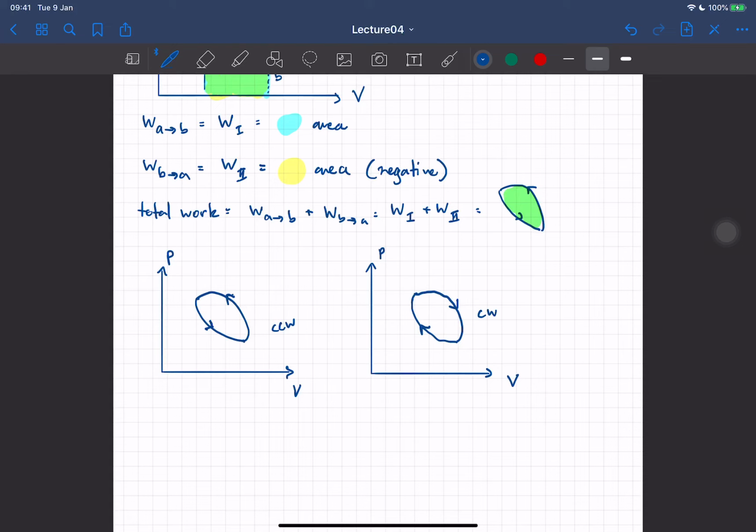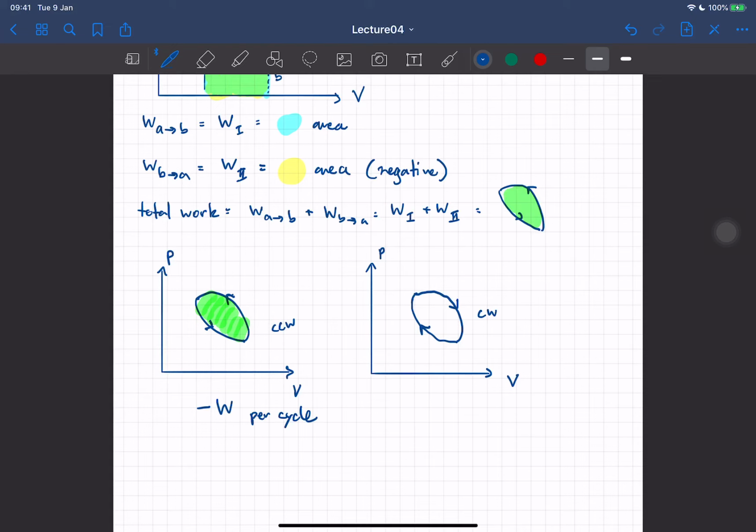If you go counterclockwise, then every time you complete one cycle and get back to the original point, the net work done by the gas, which is the area enclosed here, is going to be negative. So negative work per cycle.